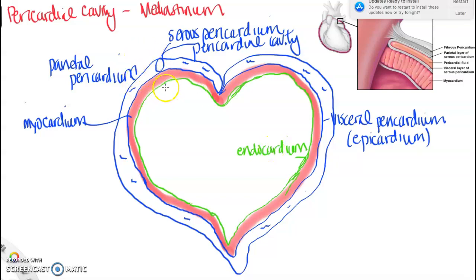On the outside of the heart, outside of the parietal pericardium, there's a layer here. In fact, I'm going to do it like this. It's right outside of this parietal pericardium here.